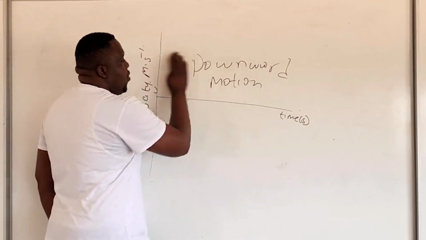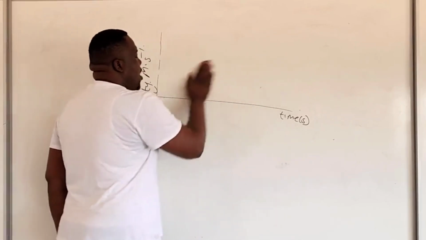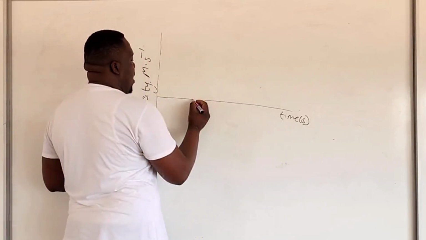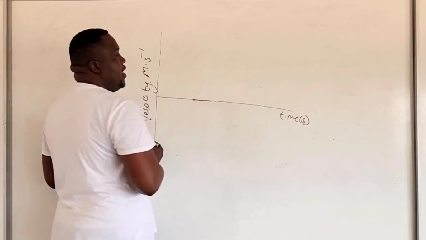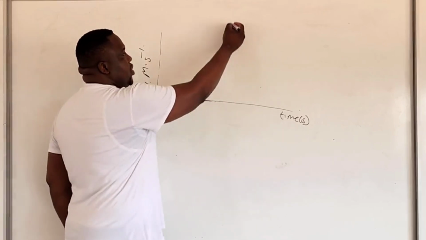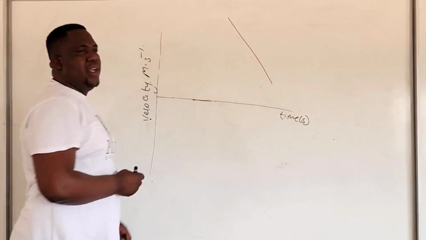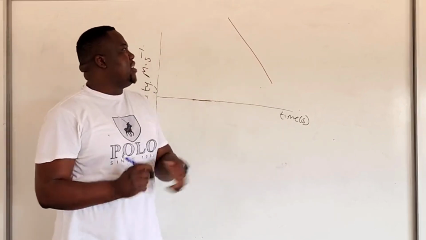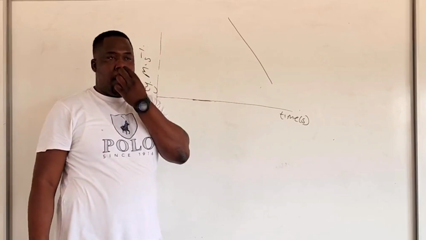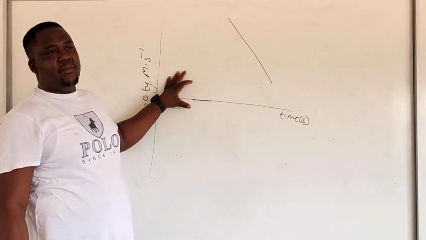Okay. Now, what I would love to notify you about is that if you draw a line that is going down like this, it does not mean you are representing an object that is going down on a velocity versus time graph.